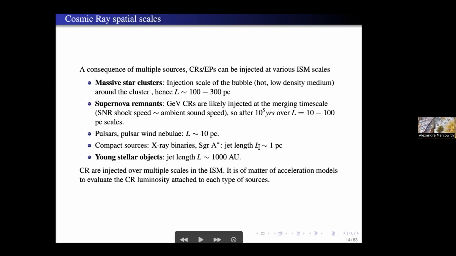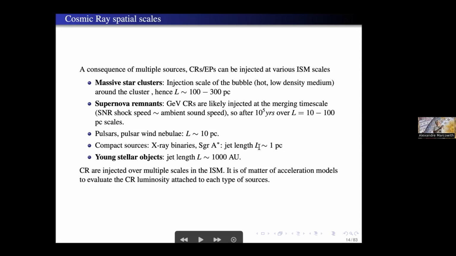Okay, typical scales of these different objects. Massive star clusters, if they produce superbubbles, can inject cosmic rays over a scale of about the galactic disk height, 10 to 300 parsec. Supernova remnants depend widely on which type of medium they propagate in, but typically they inject this non-thermal component over a scale of 10 to 100 parsec.